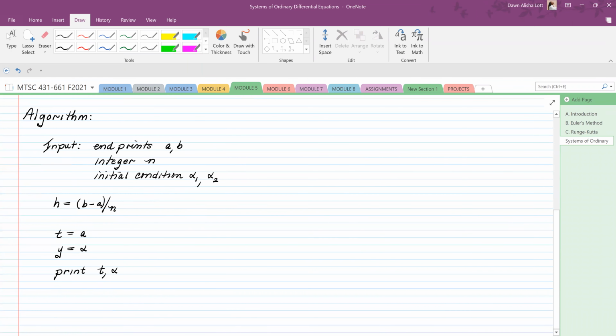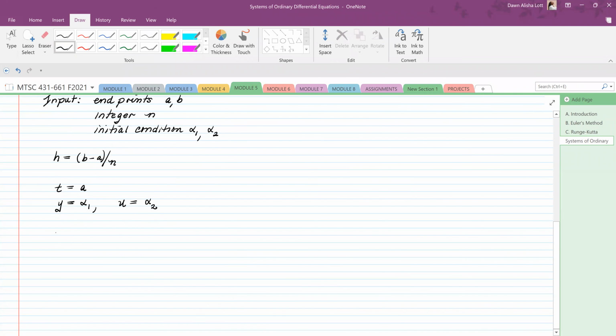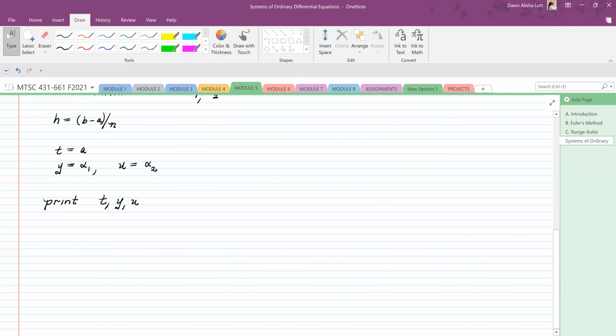We also are going to set y equal to alpha 1 and u equal to alpha 2. All right. So now we can print T, Y, and U.